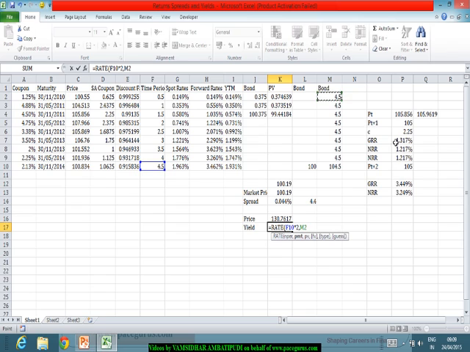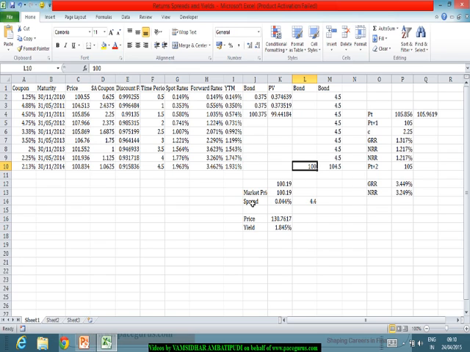Per period 4.5 is being paid. I'll pay 130 for this, and on maturity I am going to receive 100 for this. So I am doing a multiplication of 2, which is giving me that in this case the yield is going to be 1.845%, whereas when it was a zero coupon bond the yield is 1.931.